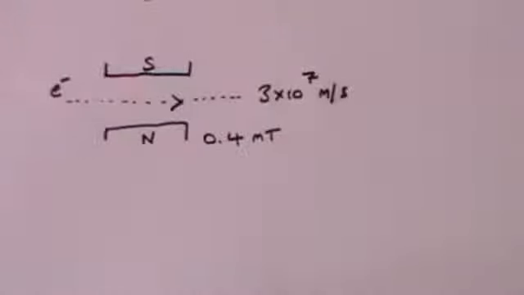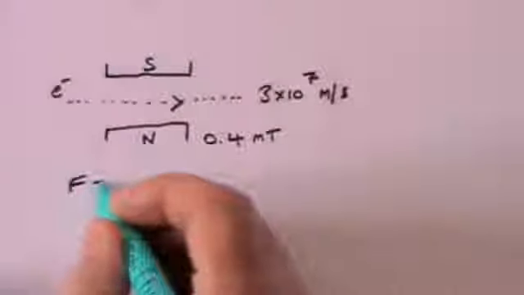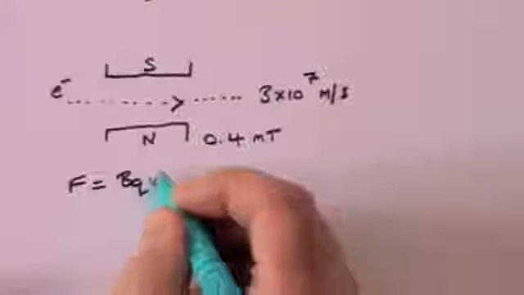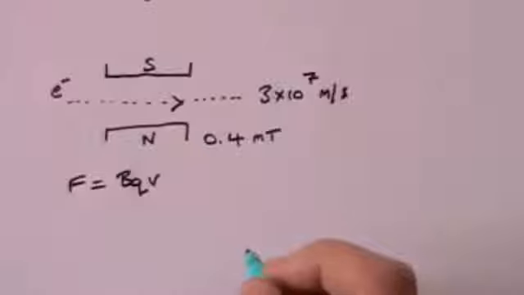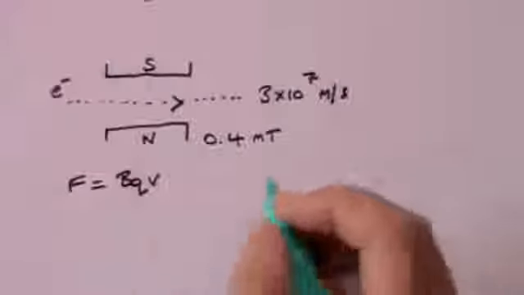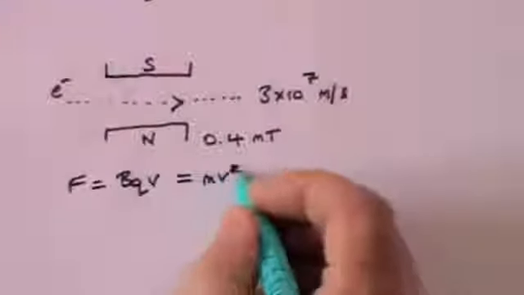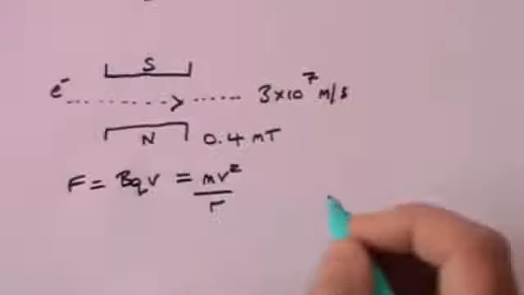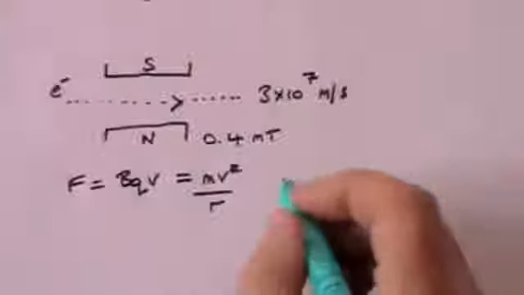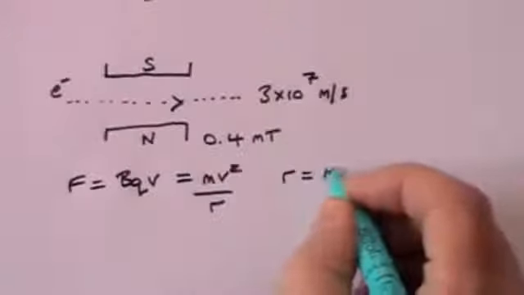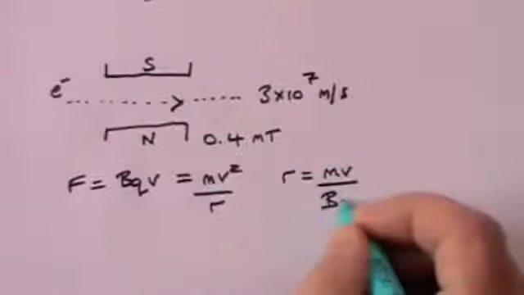The question now is, what is their path? Well, the force that is acting on them is equal to BQV, just as we had before, and that force is going to provide the centripetal force that keeps them in circular orbit. And the centripetal force is equal to mv squared over r.